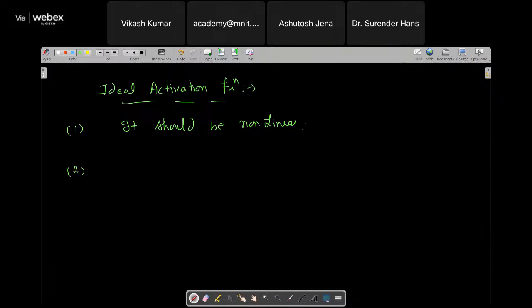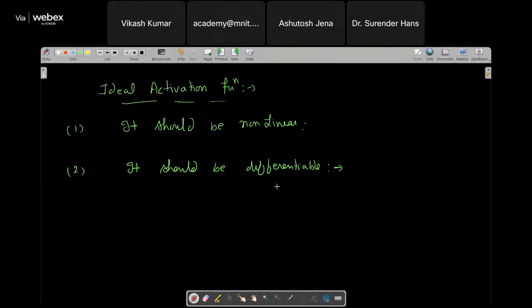The second characteristic is that it should be differentiable, because we will use gradient descent, which further uses the derivative or differentiation to update the weights.